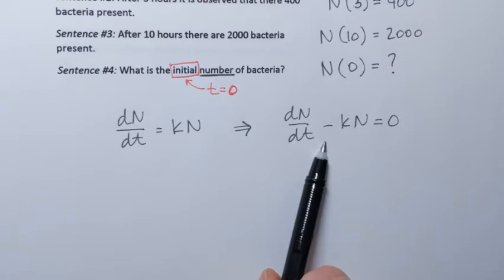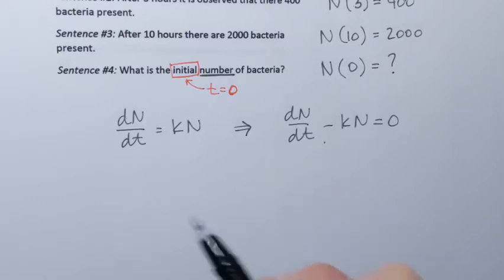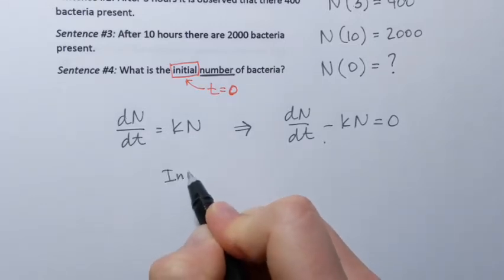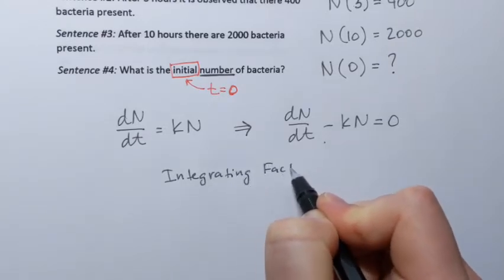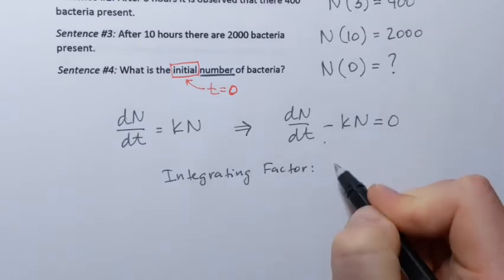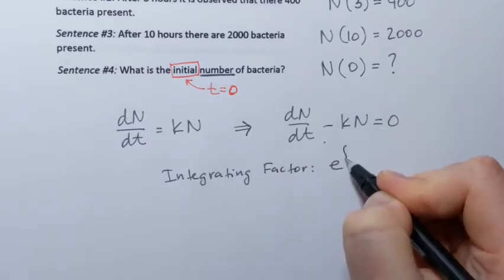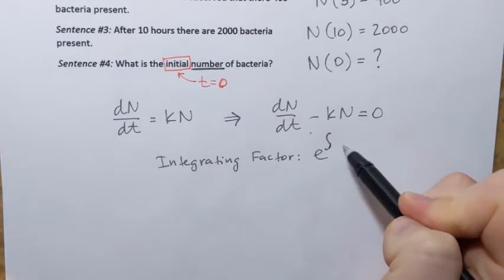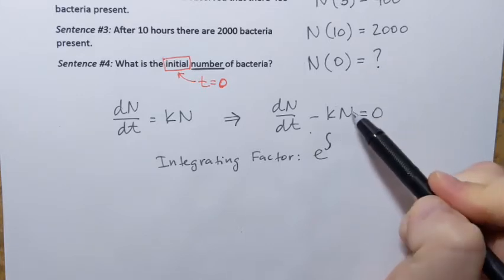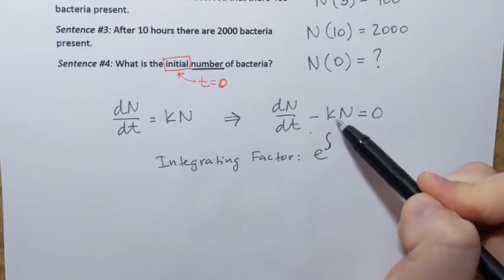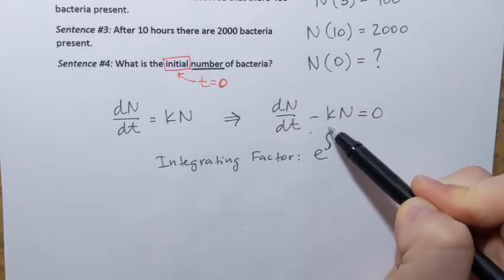Remember, to solve linear differential equation, we want to use integrating factor. So the integrating factor is e to the power integral. And what function do we integrate? Remember, we have to find the coefficient of the dependent variable. Now, dependent variable is n, and its coefficient is negative k.